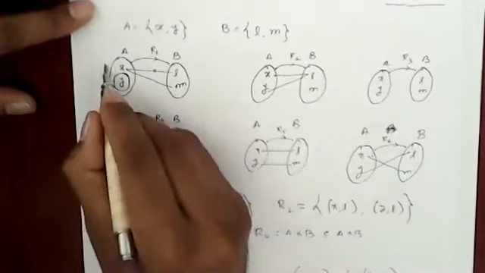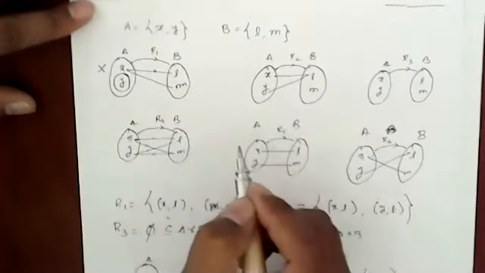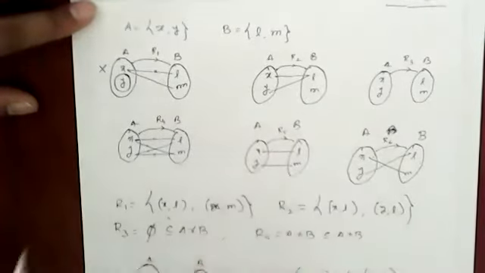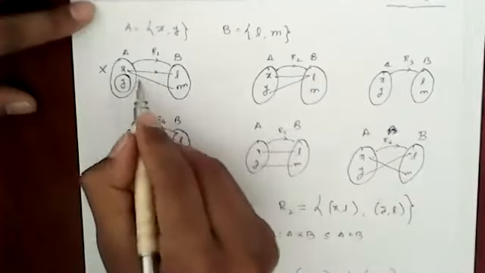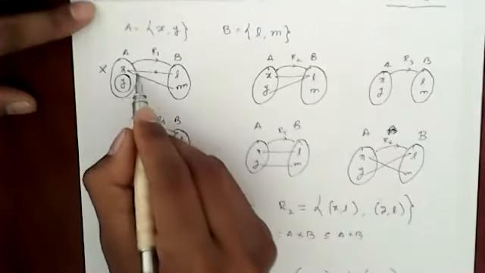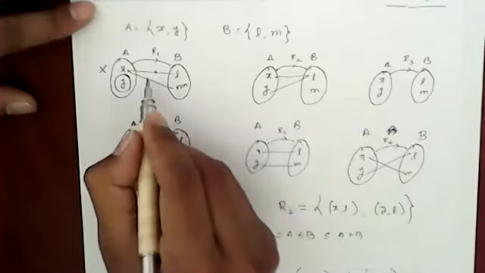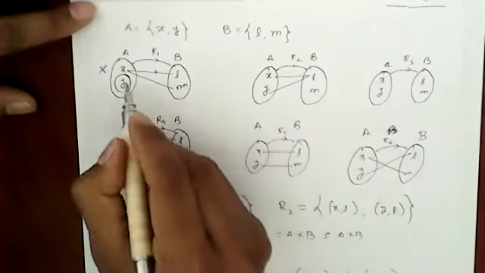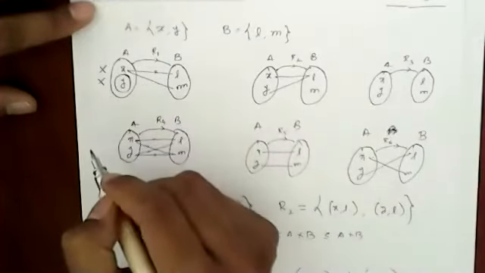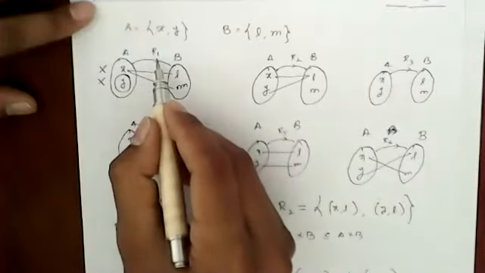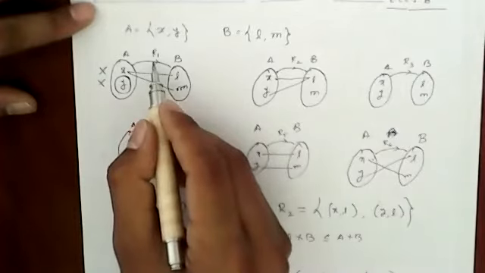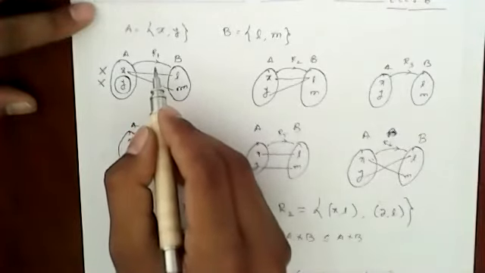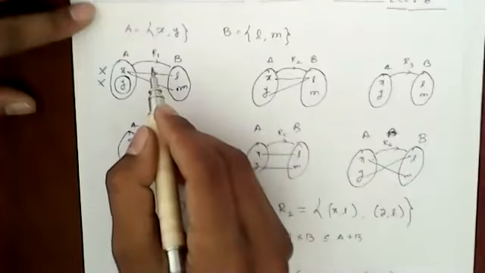So if the first condition is violated, we will not go for the second one. Although the second condition is also violated, because the element X has two connections, multiple connections. So as a conclusion, R1 is not a function, although it was a relation.